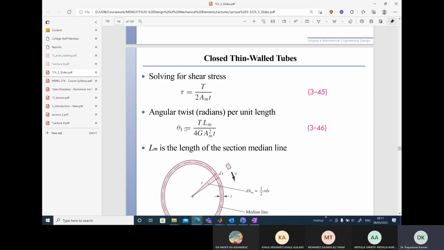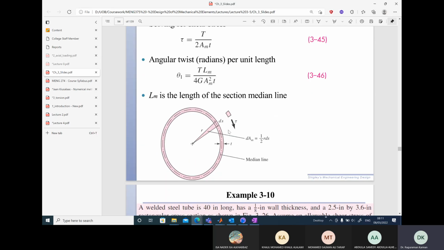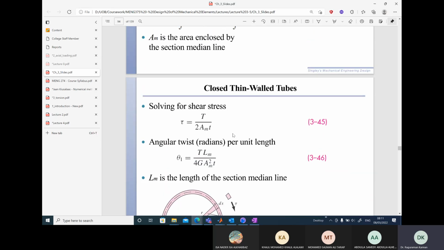Theta 1 is the angle of twist for a length Lm of the tube. This is the formula you have to use. G is the rigidity modulus, T is the thickness, Am you already know. Sorry, Lm is not the length, rather I think it is the perimeter involved here.